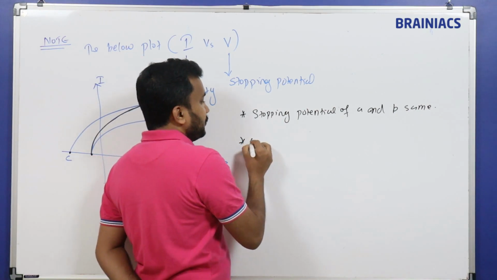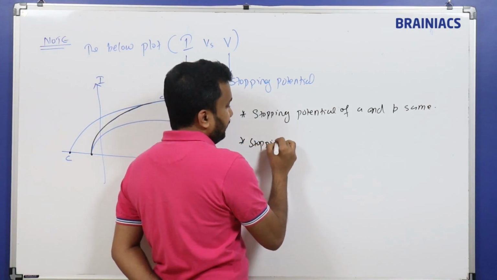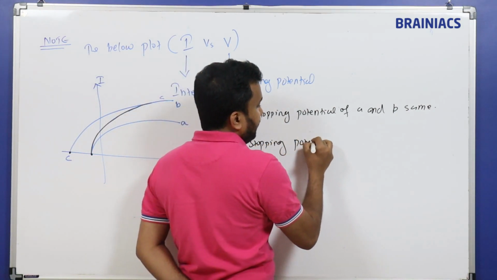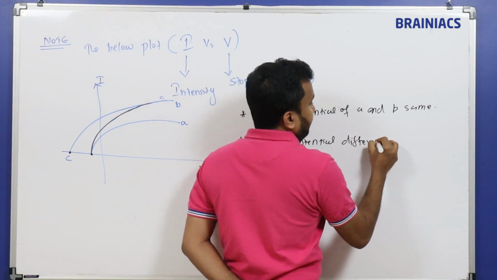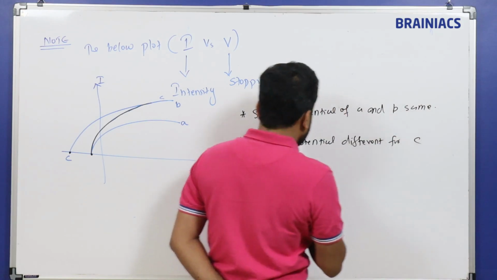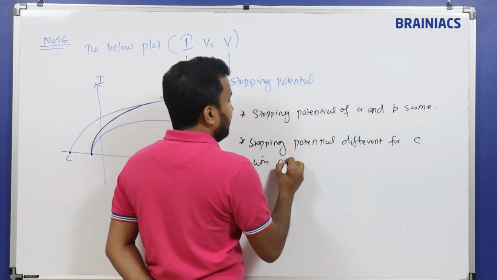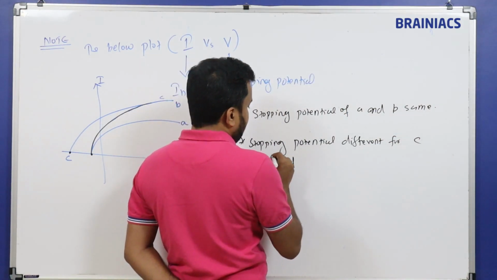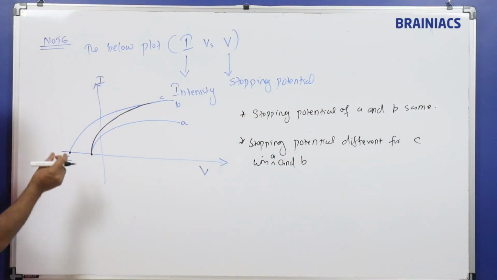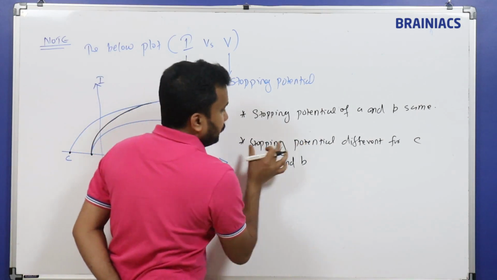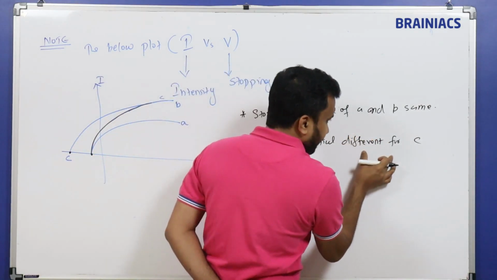Next one. Stopping potential is different for C compared with A and B. So A and B will have the same stopping potential.